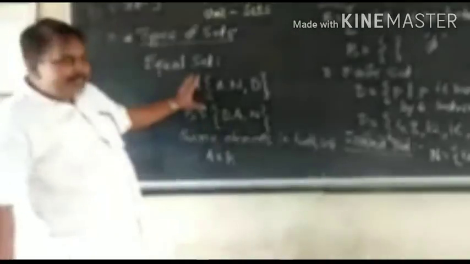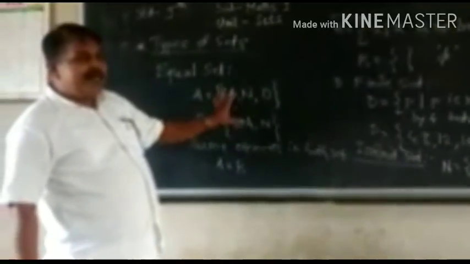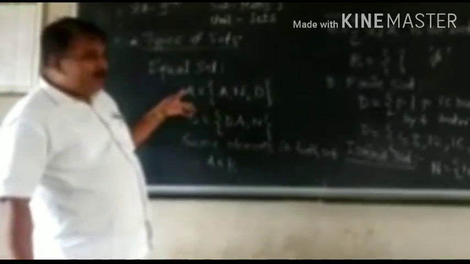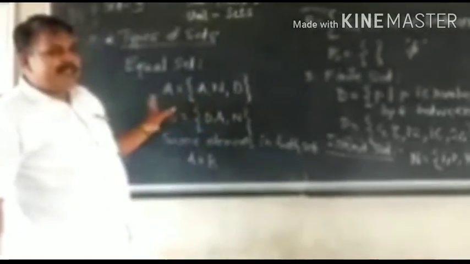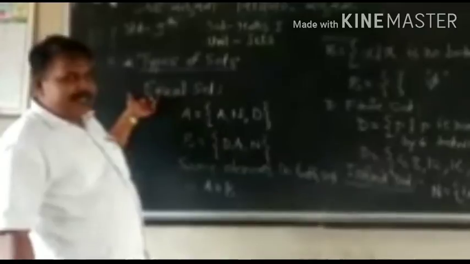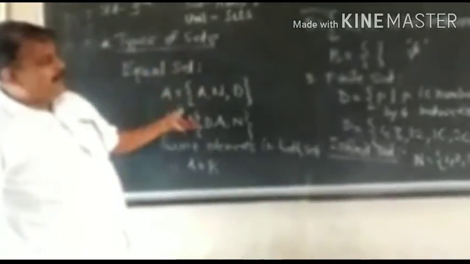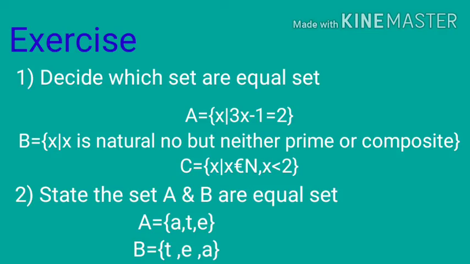The only condition is that there should be equal or same elements in both sets. There may be a change in sequence, but the elements are the same. So that is called the equal set. So these are the main 5 types of sets. Now we consider a few examples regarding this, and the exercise from this unit.